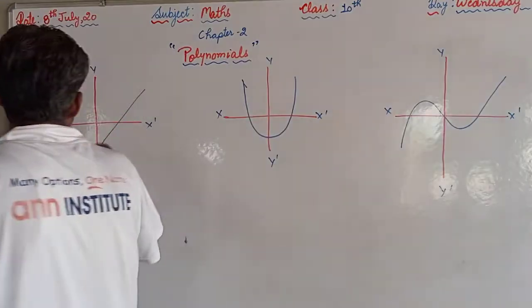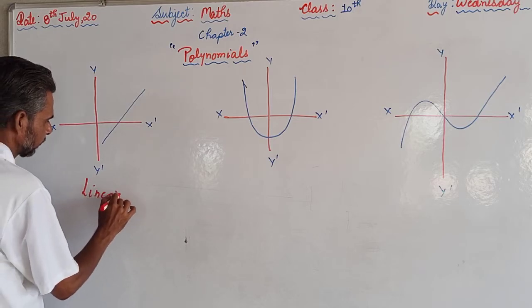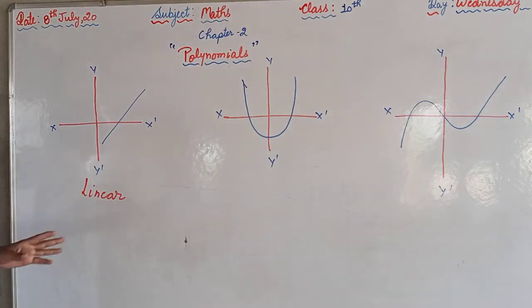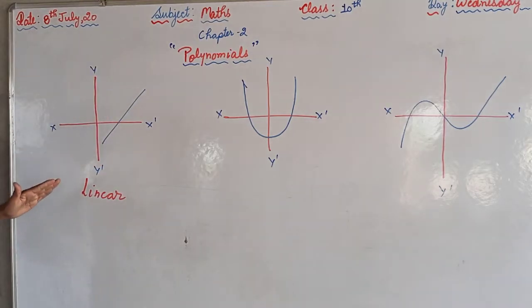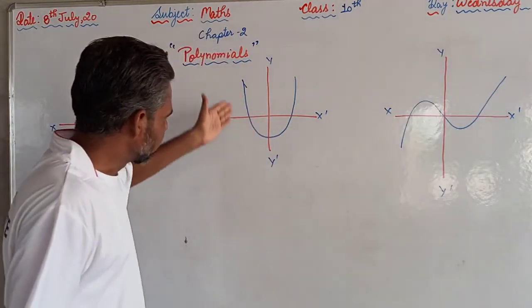This is the graph of linear polynomial. Linear means it is a straight line and it will cut the x-axis at a single point. x-axis को सिंगल पॉइंट पर कट कर रहा है और एक हमारी स्ट्रेट लाइन है, दैट विल रिप्रेजेंट अ लीनियर पॉलीनोमियल. Now here first of all okay, we can take this.